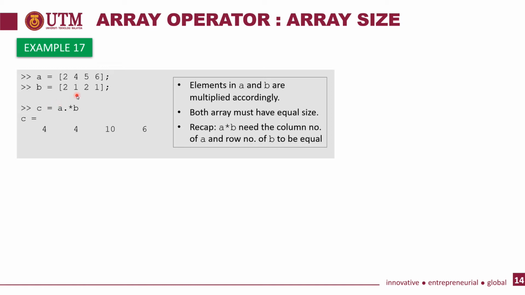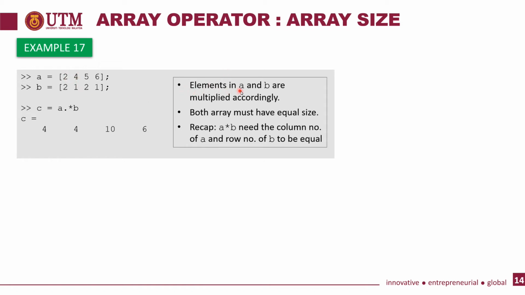This is the difference between the array operator and the matrix operator. With the matrix operator, arrays A and B which have the same size cannot do matrix multiplication. But with the array operator, if matrices A and B come with the same size, you can do array multiplication.